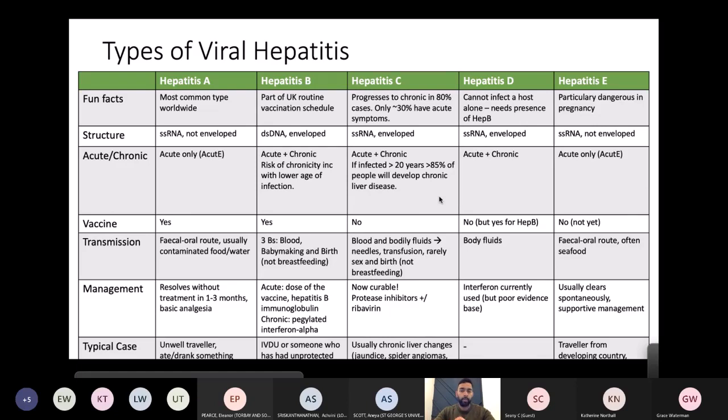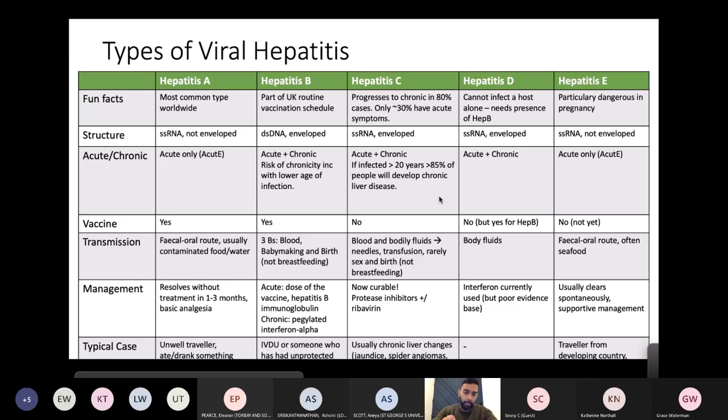And then we can look at the kind of transmissions. Again, A and E are both acute, and they're both usually contracted through contaminated water, so the fecal oral route. So places with poor sanitation, where some of the sewage water can leak out into drinking water. That's how you may contract hepatitis A and E. Hepatitis B, they have the 3 Bs.